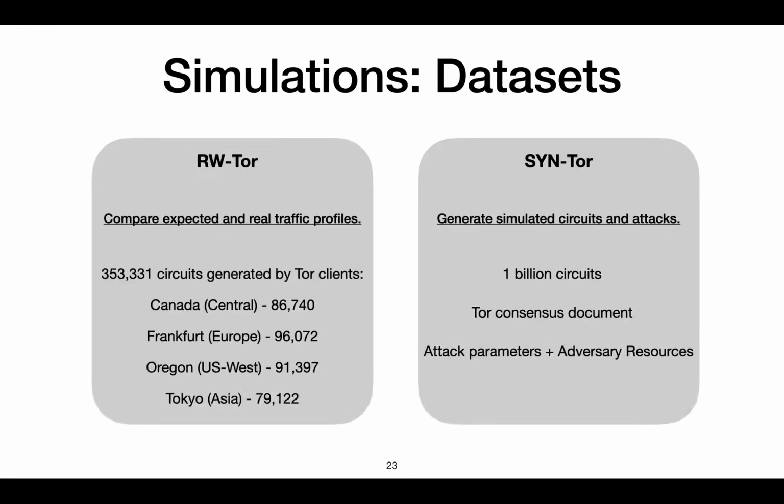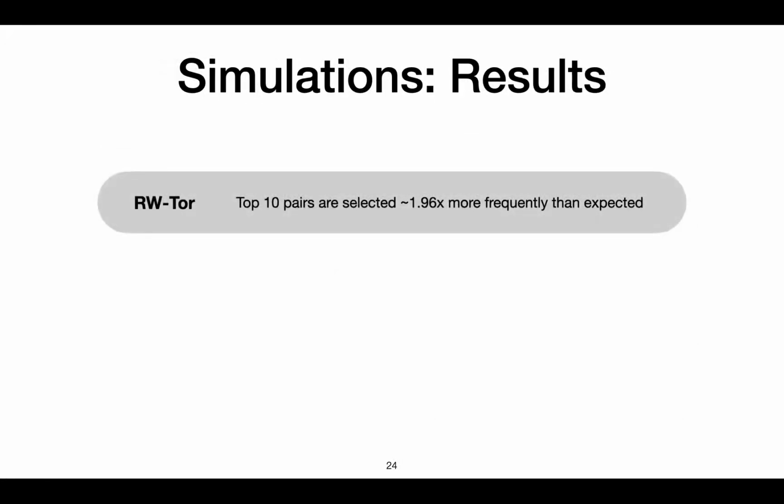adversary resources. From real-world Tor, we found that examining the top 10 guard-exit pairs, they occurred around 1.96 times more frequently than expected. There are two ways to incorporate this into our algorithm.